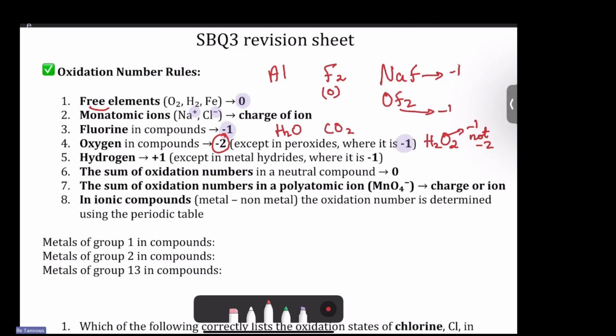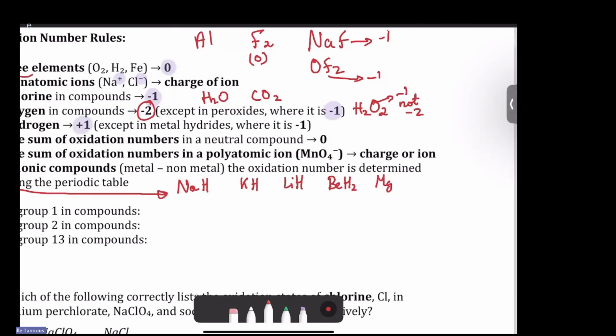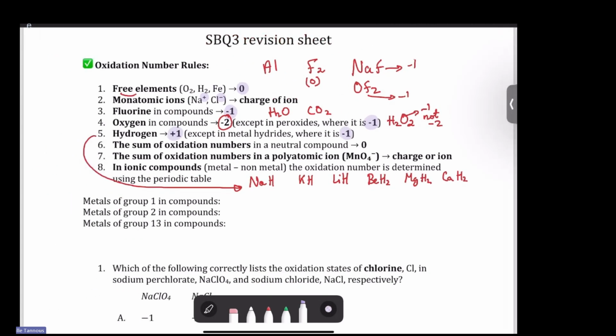Hydrogen is always +1 in compounds. However, in metal hydrides, for example NaH, KH, LiH, anything from group 1 and hydrogen or group 2 and hydrogen, MgH2, CaH2, in this case hydrogen oxidation number will be -1 and not +1.